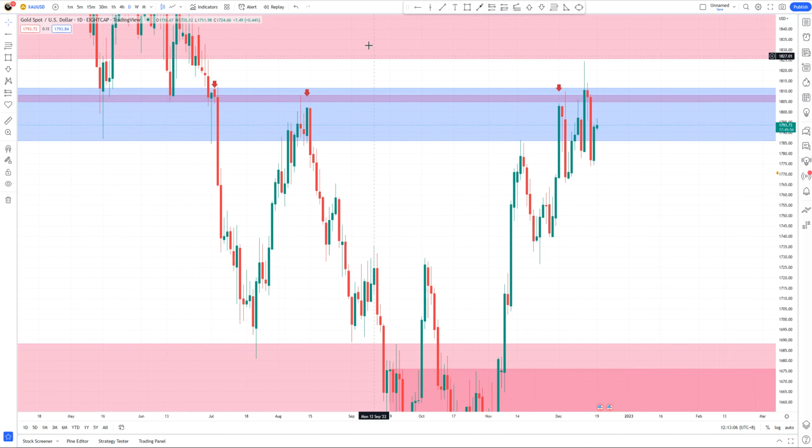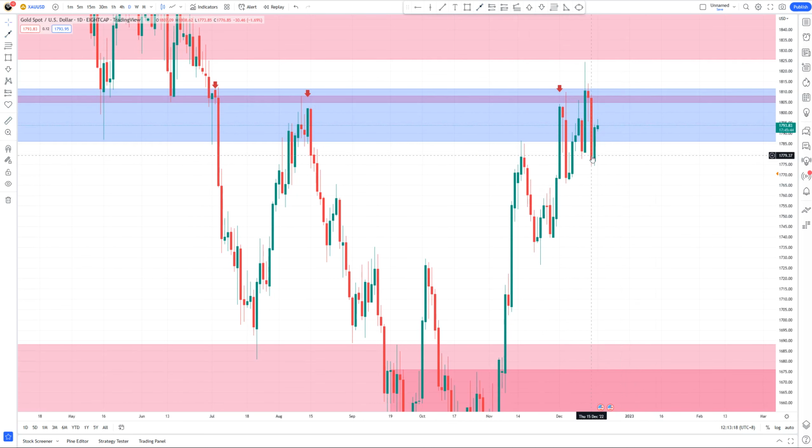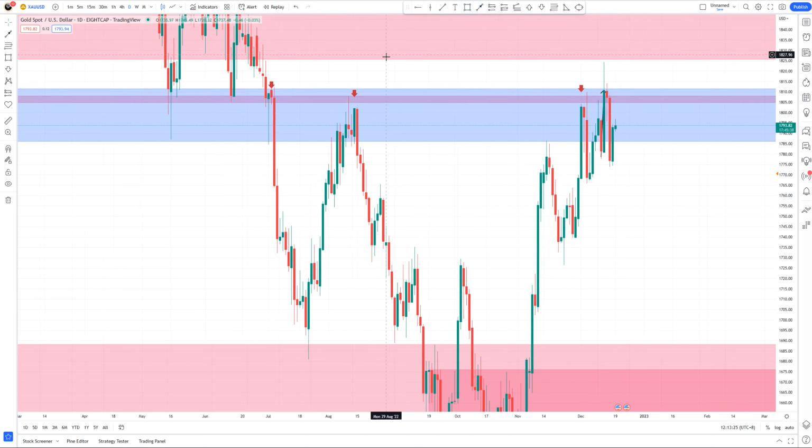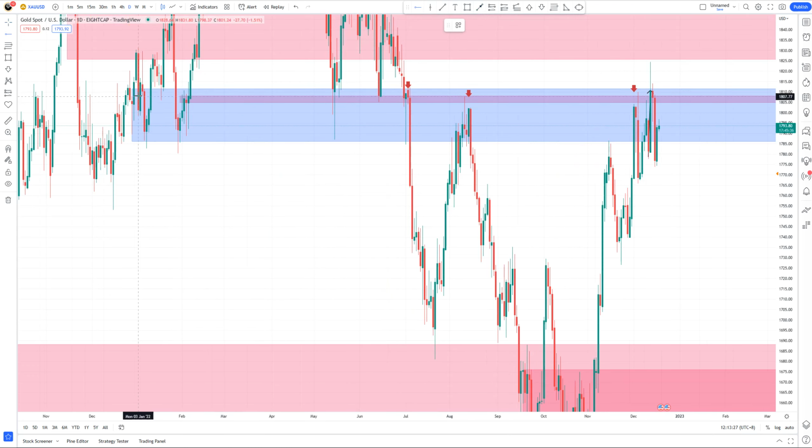And this is just the pullback into the zone. You guys have to remember that there will be pullbacks into the zone, and that is the reason why this pullback has rejected almost 200 pips down. But from that moment, price again went all the way up to retest, remember, the highest zone of the engulfing fail, which is at 1812, 1811.